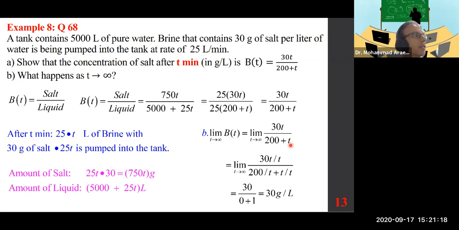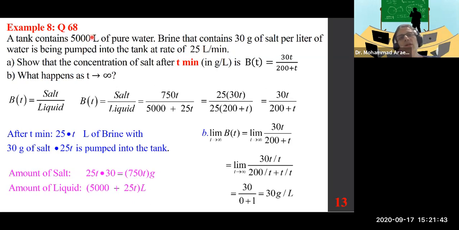And I hope everybody pays attention to that concept, okay? That concept being the following. What happens in the long run? No matter how much water we have, since we are adding brine non-stop, if this thing continues indefinitely, the amount of pure water in a matter of comparison to the amount of brine is nothing.